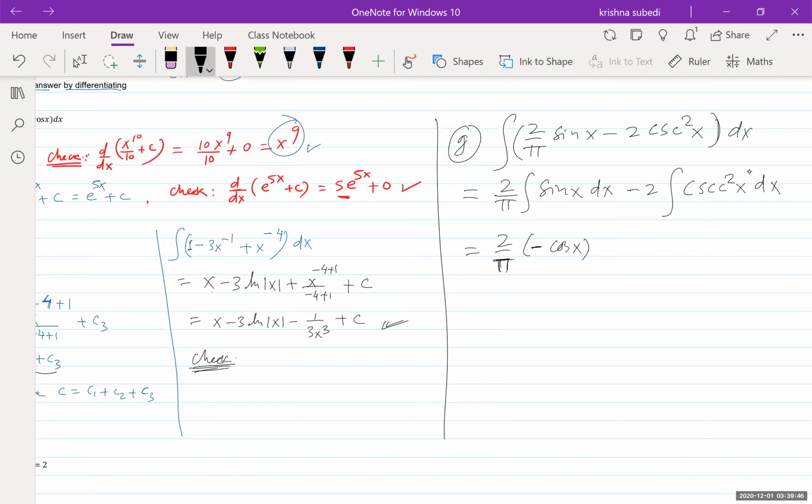We're not going to write c1, c2. If you want, you can do it, but you don't have to. Minus 2. What is the antiderivative of cosec square x dx? So recall from your chapter 3 that the derivative of cot x is what?